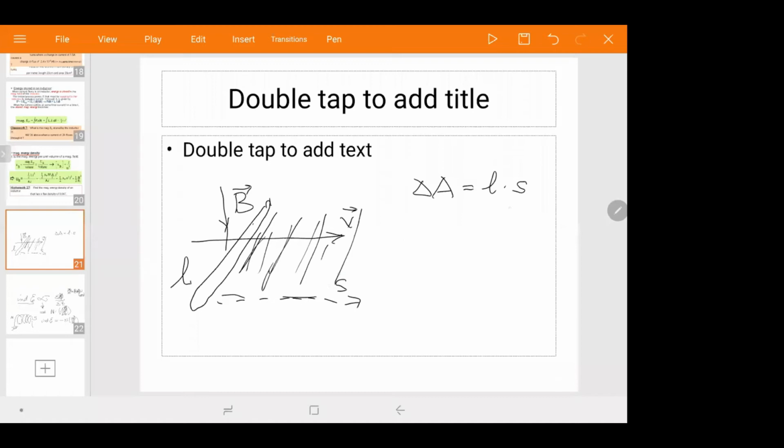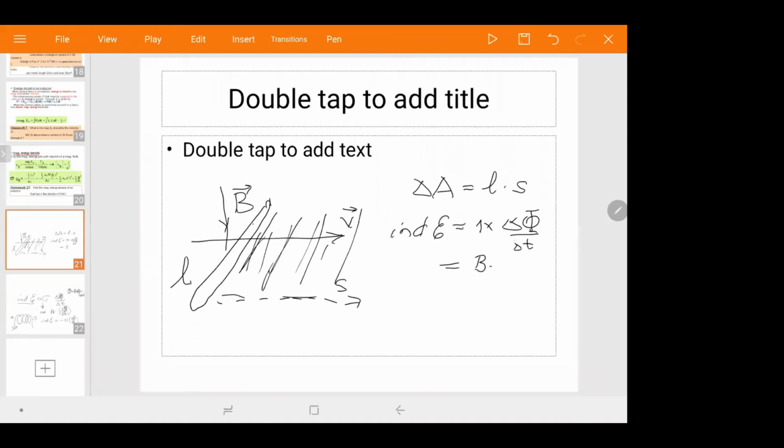So, the induced EMF equals, shall we forget the minus sign for the time being, N times, you have just a single wire, so you have 1 here, the rate of change of flux over time. Flux means B times A over delta T now.